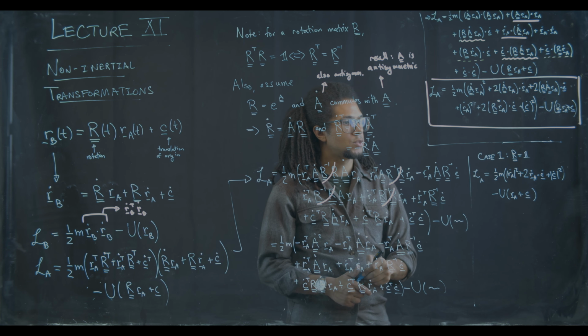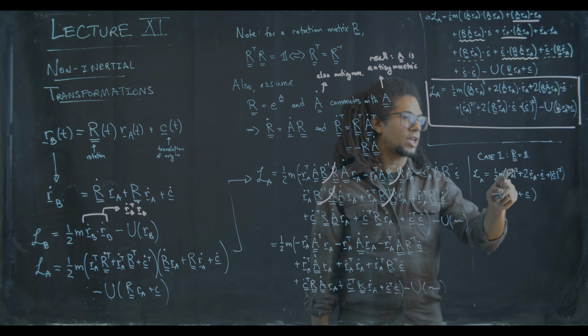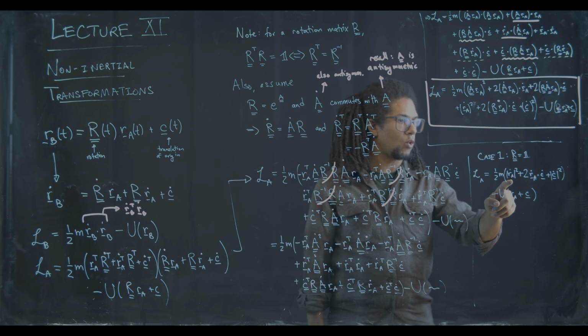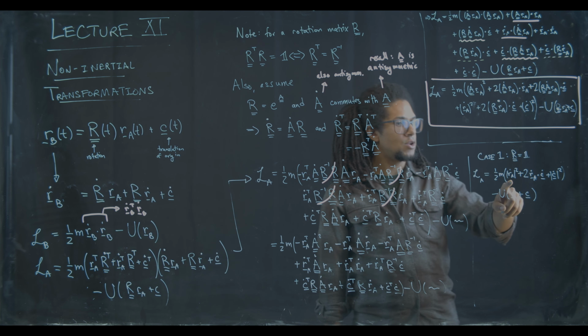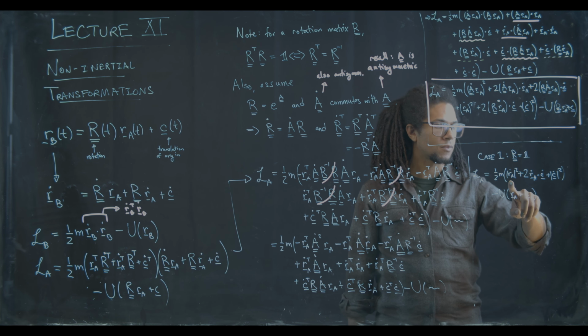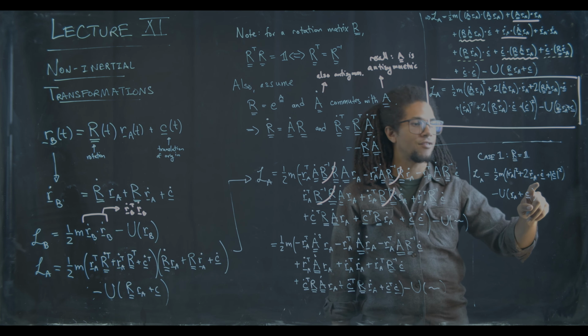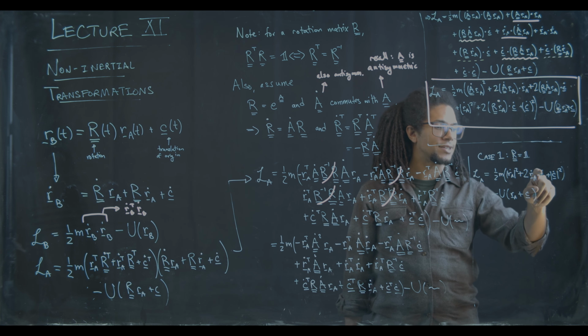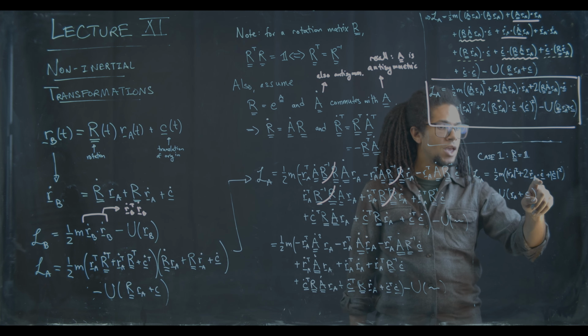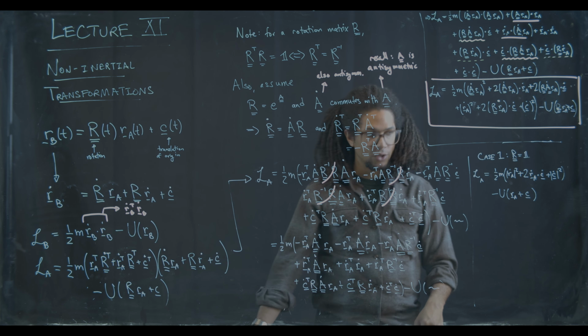Good. So in that case, we get a kinetic term that looks like our old kinetic term, but then notice we have something really interesting. We could have, if our reference frame has a C which is changing in time, a quantity that's proportional to velocity.